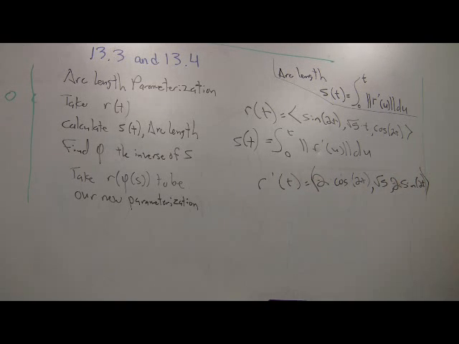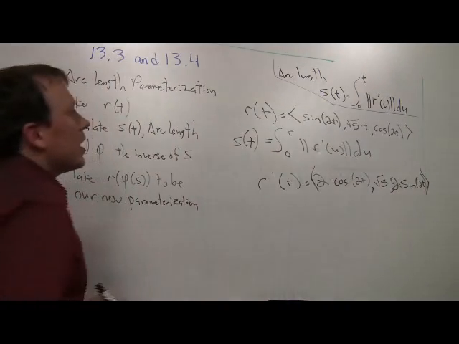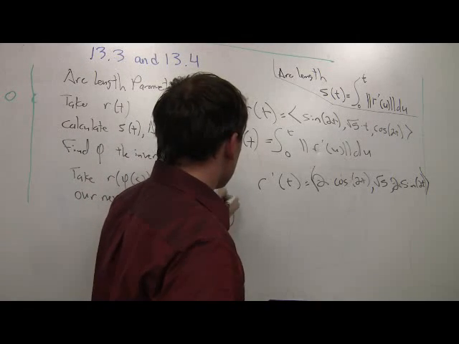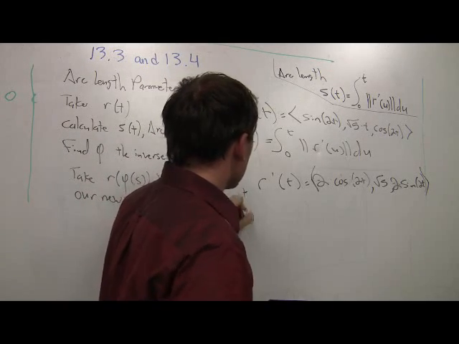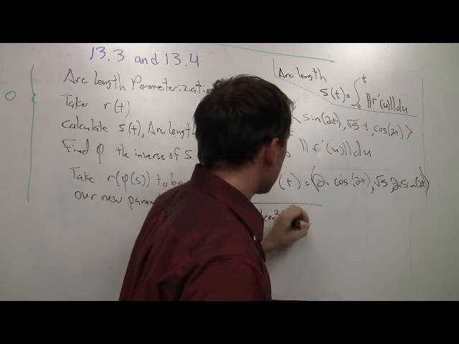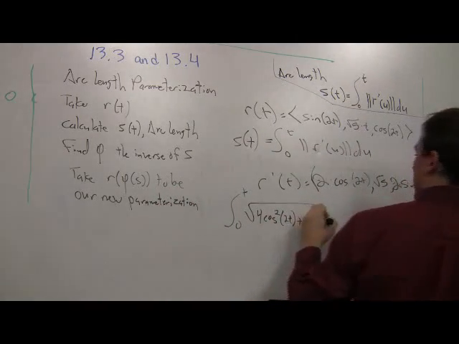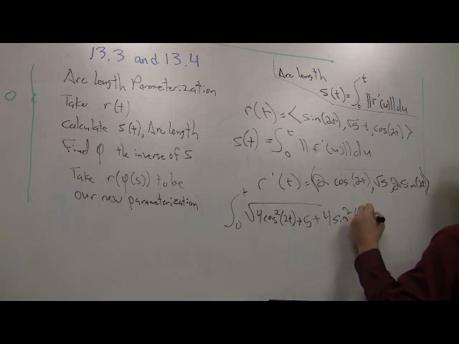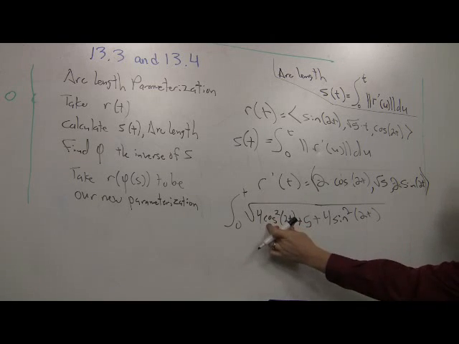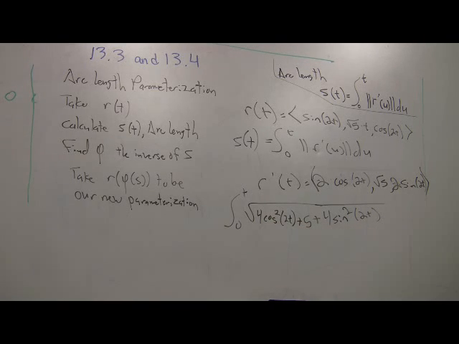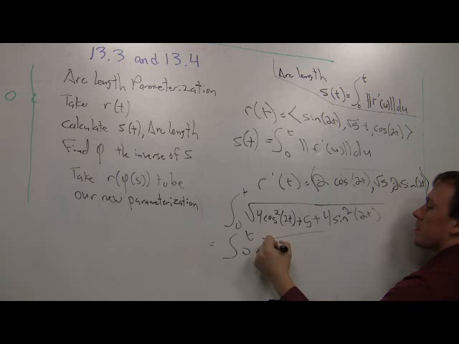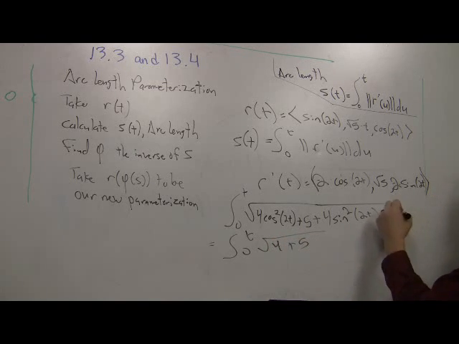All right. The magnitude is the square root of 4 cosine squared 2t plus square root 5 squared, which is 5, plus 4 sine squared 2t. Here we've got cosine squared of something plus sine squared of something. After you factor out the 4, that leaves you with 1. So we have the integral from 0 to t of the square root of 4 plus 5, du.